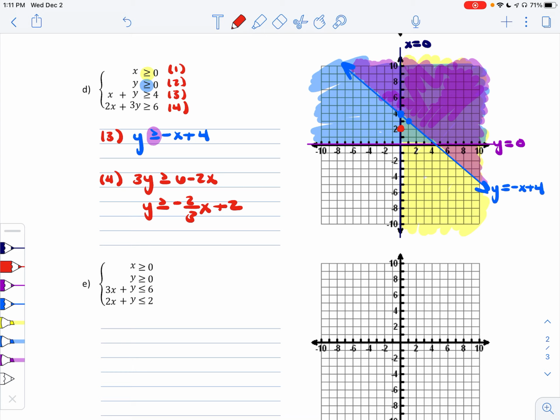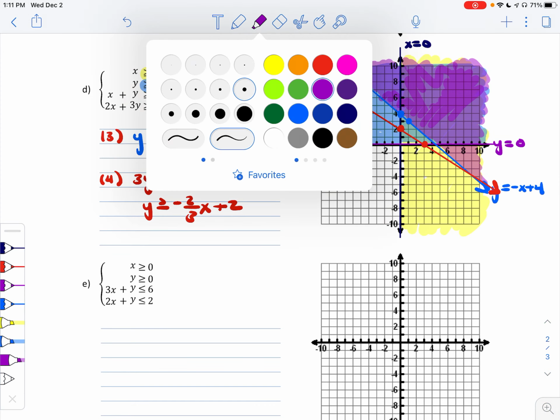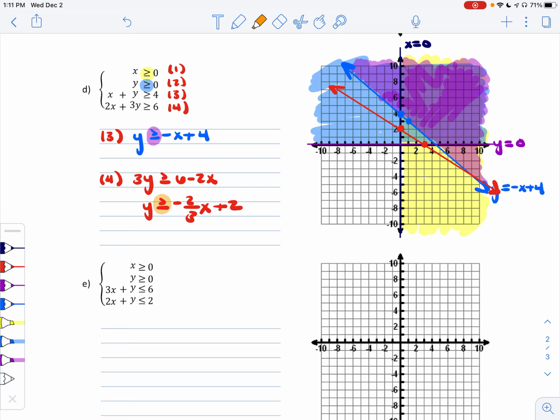Our slope is negative 2/3, so down 2 over 3. Plot our point. And again, just connect your points with a straight line. There we go. Okay, and we want, again, where this is greater than or equal to, so once again, everything that is above that line. Everything that's above our line.